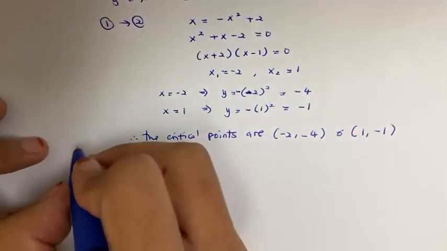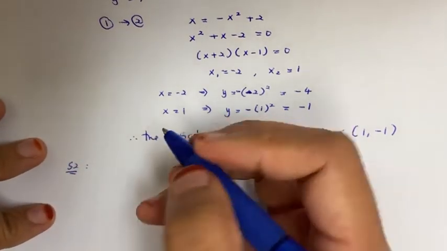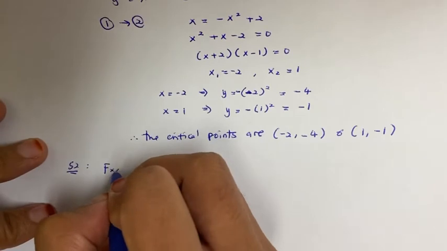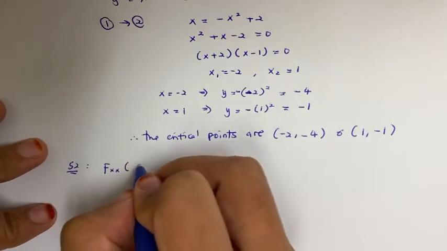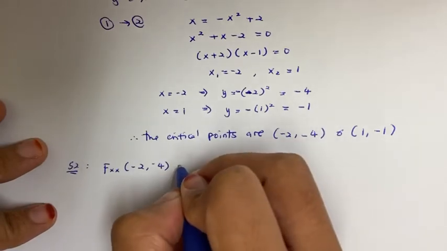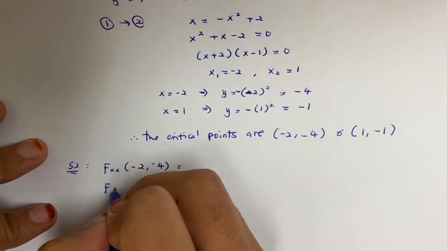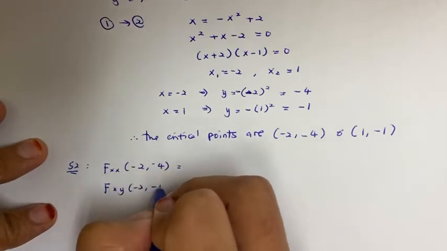Moving to the second step. For the second step, what you need to do is find the value of fxx for your critical point, negative 2, negative 4. And then fxy for negative 2, negative 4.